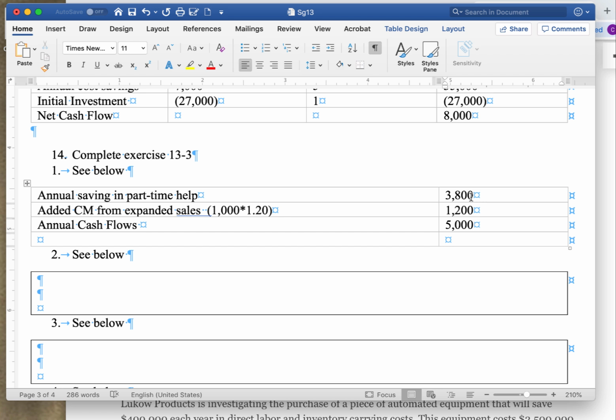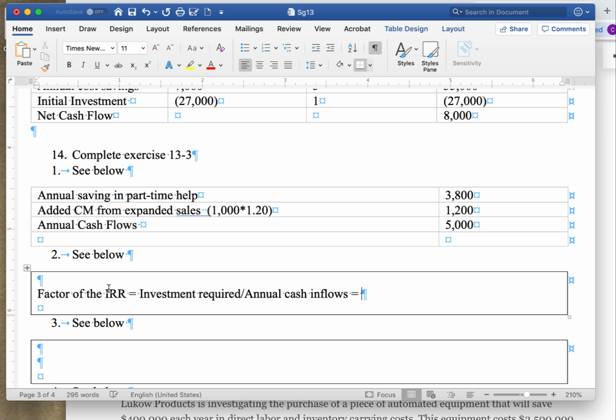We need to figure out what is the internal rate of return for part 2. Well, that's easy, right? Because we know that the factor of the IRR equals investment required divided by annual cash inflows.